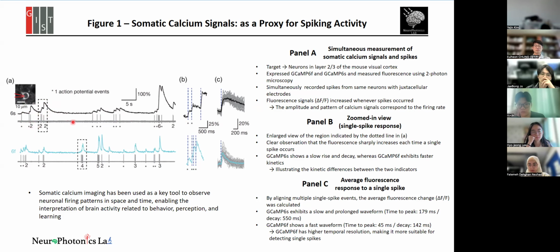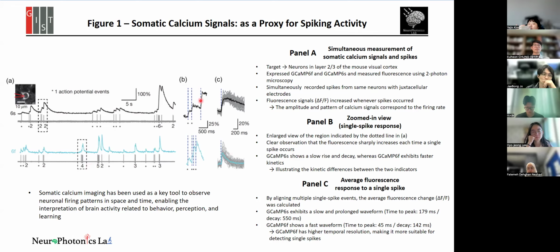The fluorescence signal increased whenever spikes occurred, like here, indicating that the amplitude and pattern of the calcium signals correspond to the firing rate.